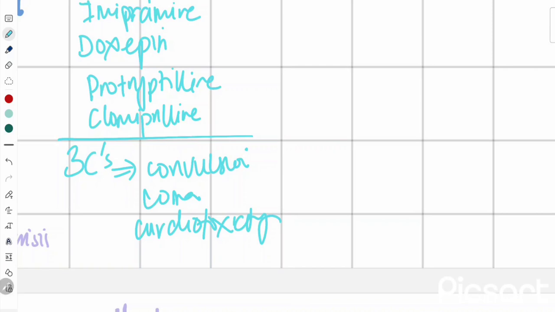And it also has alpha 1 blocking activities. So we're also gonna have postural hypotension and atropine-like side effects. Okay. And the treatment to prevent cardiotoxicity is sodium bicarbonate.